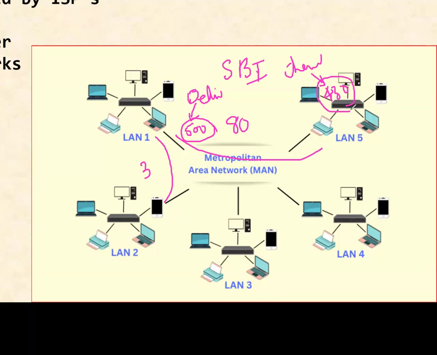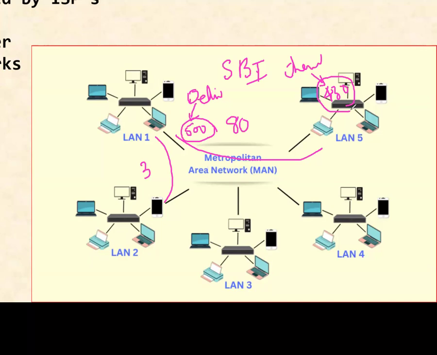If the network administrators are not available, then the connection between different local area networks is not possible. If the network administrators are not available, the internet connection is not possible. So we literally are the people who are managing and controlling all the different types of networks.